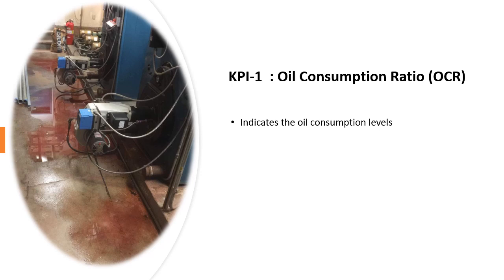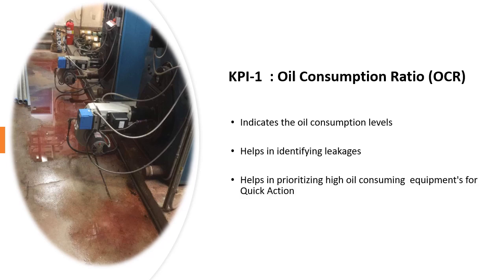This does not include fresh oil top-ups, but the extra or additional top-ups that we are making due to various reasons like leakages and loss of oil and so on. It primarily helps in identifying potential oil leakages inside the plant equipment, and it will help us in prioritizing the high oil consuming equipment for quick action.